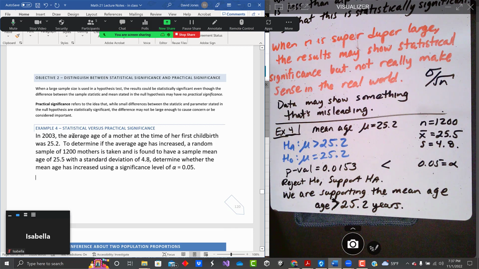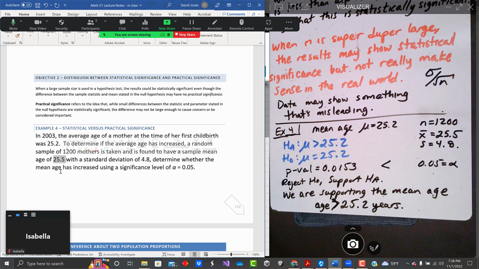But the old information was the average age of a mother was 25.2. The new age is 25.5, which is 0.3 years, which is 3 or 4 months older. Is that really significant? Is that really larger, like enough to point out? It's not like 26 or 27 or 28 years old.